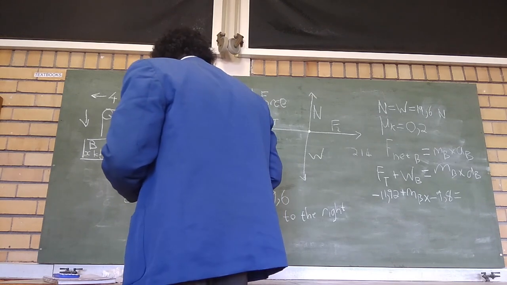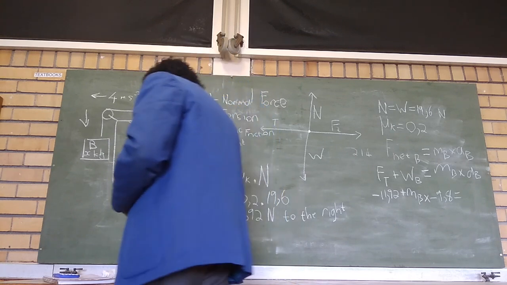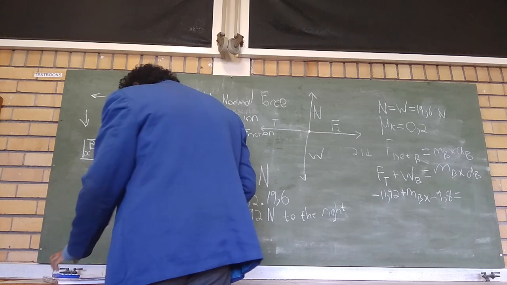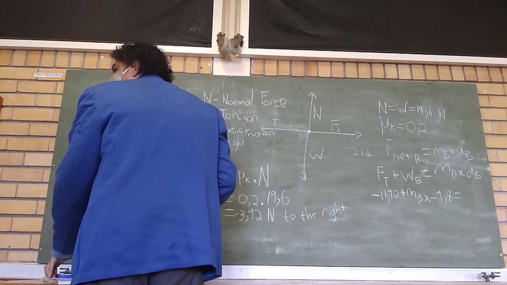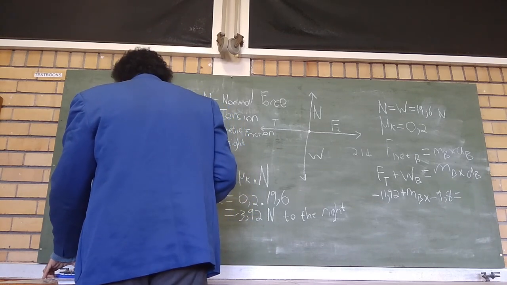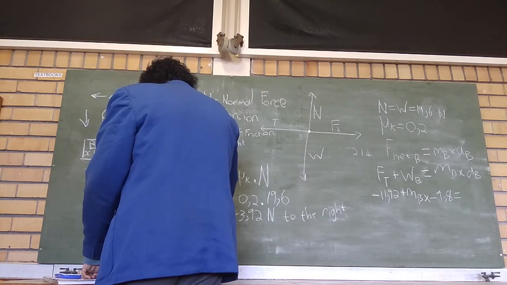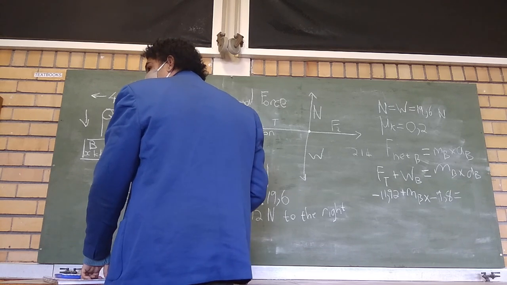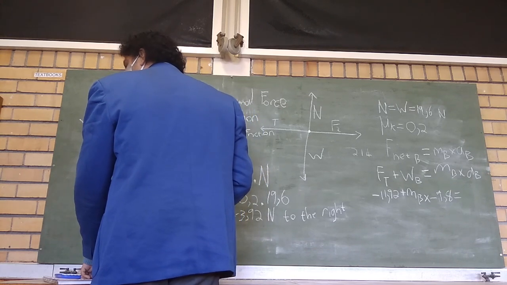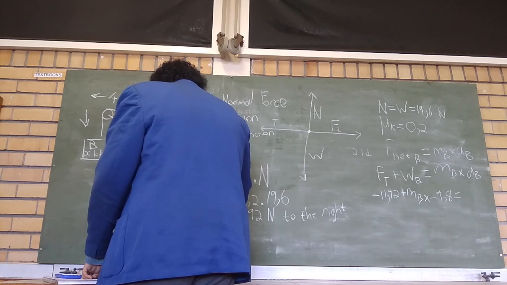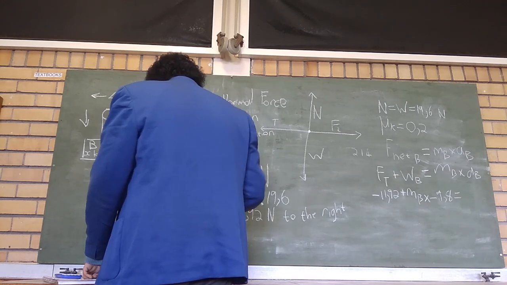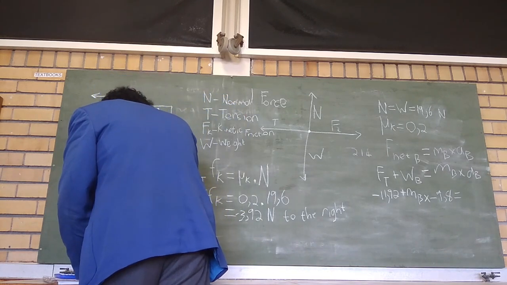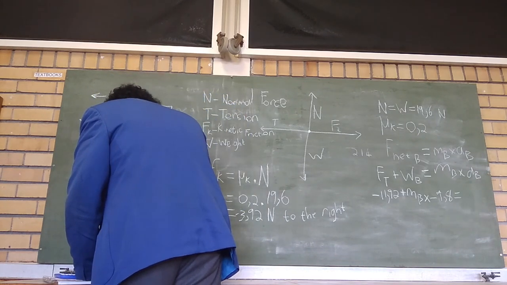So you know the mass of it. Did you show that you worked out the mass? You put weight equals MG. So M was equal to 9.8 divided by 9.8, that gets 2, right?